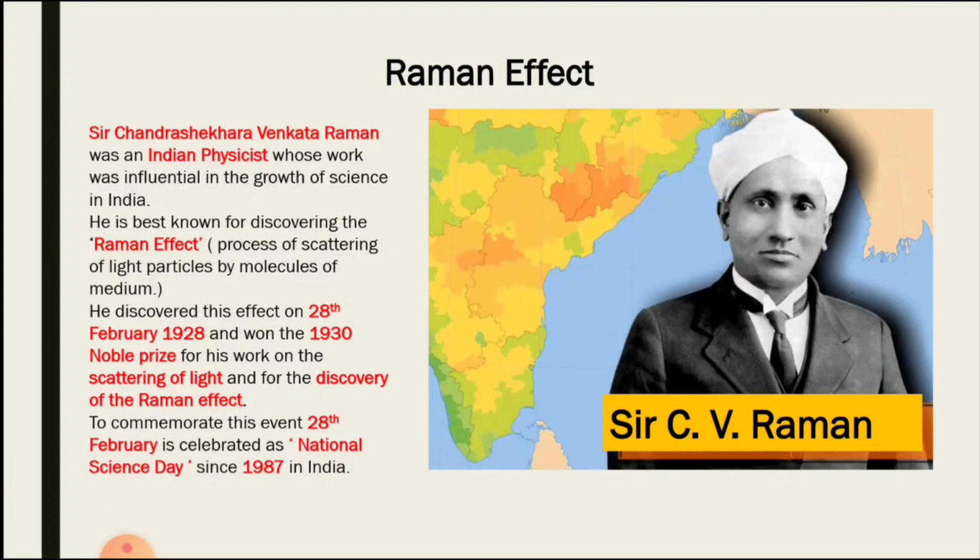He discovered the Raman effect on 28 February 1928 and won the 1930 Nobel Prize for his work on the scattering of light and for the discovery of the Raman effect. To commemorate this event, 28 February is celebrated as National Science Day in India since 1987.